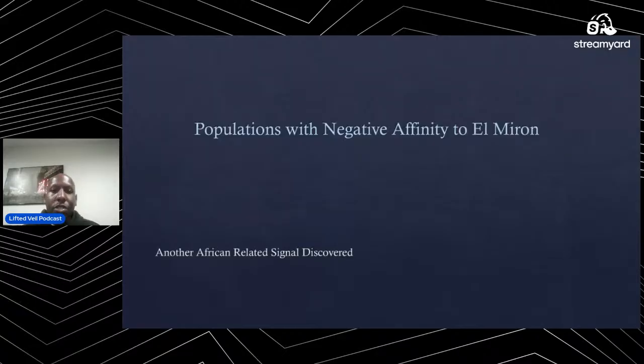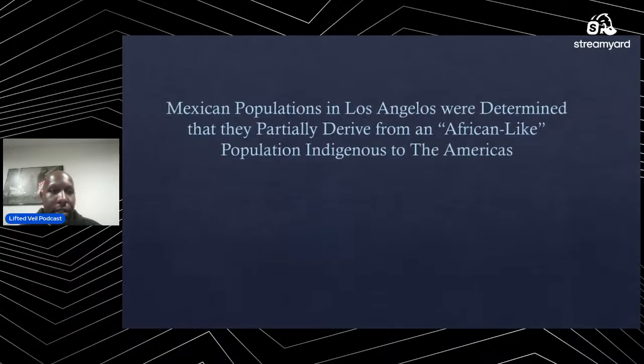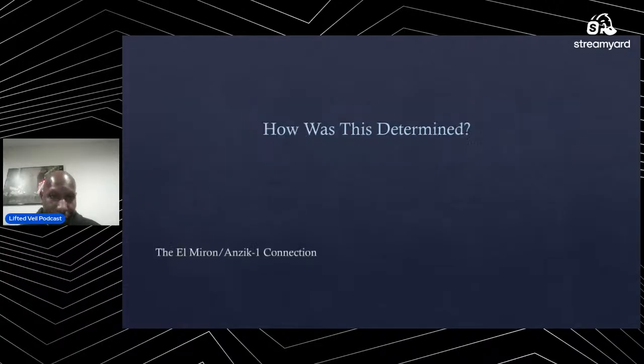All right, populations with negative affinity to El Moran. This is what I was talking about earlier, and this is gonna make this make sense and explain how this is relevant and how this is significant at the same time. This was another African-related signal discovered. Right? Mexican populations in Los Angeles were determined to be partially derived from an African-like population indigenous to the Americas.